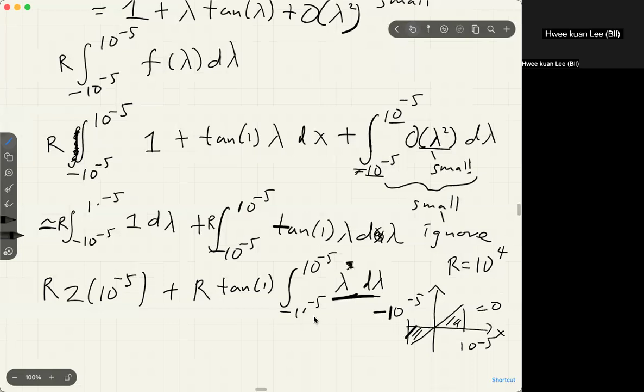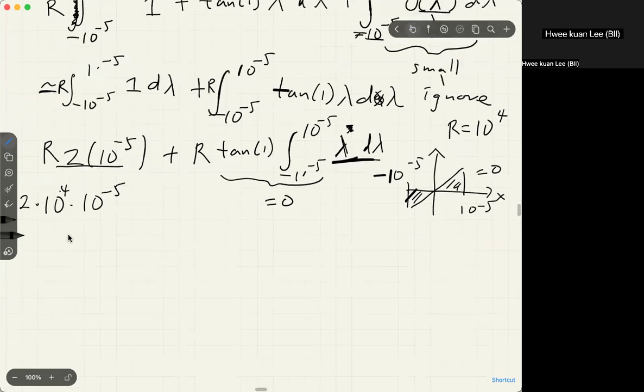This term equals 0. Okay, it's a linear function. So we are left with this term, and R is 10 to the 4 times 2 times 10 to the minus 5.